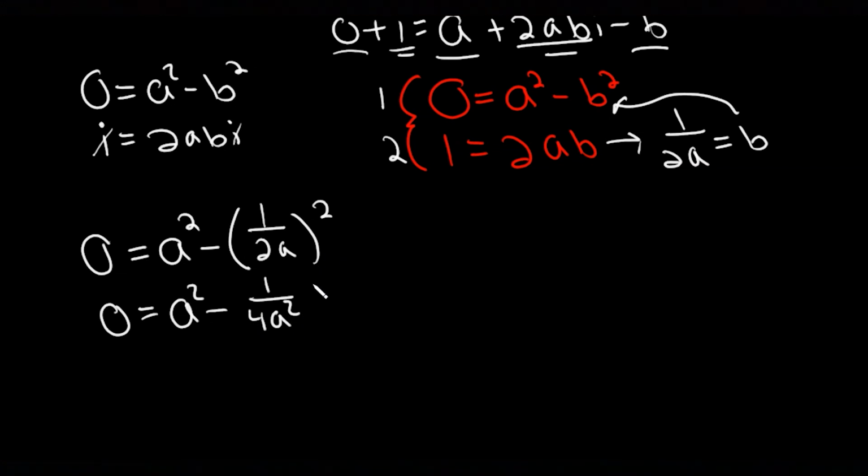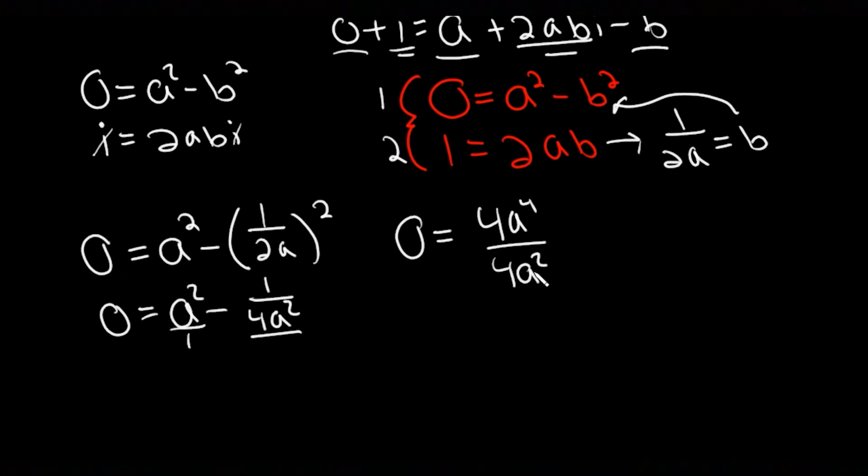Now from here, we want to get a common denominator. I see that I have 4A squared here. I also want to get that right here. Now this A squared is really over 1, so I simply just have to multiply both the numerator and denominator by 4A squared. If you do that, you get 0 is equal to 4A to the 4th power all over 4A squared.